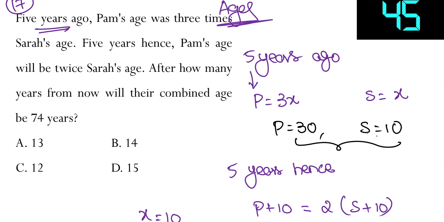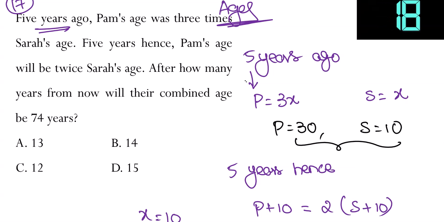You want 74. Is there still a mistake? 5 years ago, yeah. 5 years hence, from there to here plus 10 should be done. And the relationship is twice only. This is 3x plus 10, 2x plus 20. X will be equal to 10. Now, see, 5 years ago, 30 and 10.